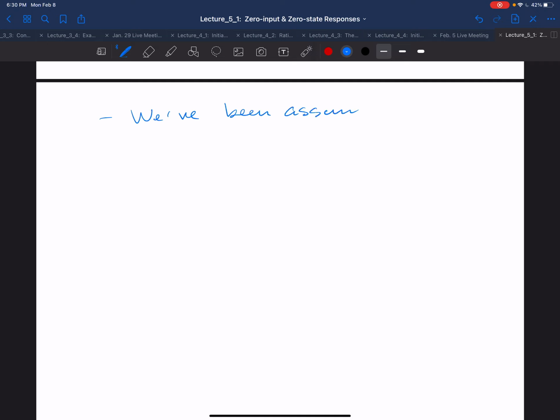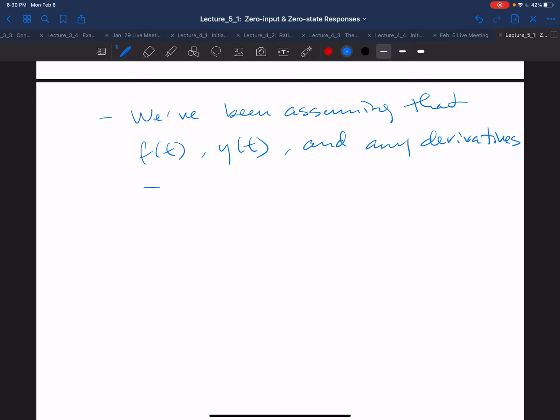So far we've been assuming that f of t, y of t, and any derivatives of those functions, with the possible exception of the highest order derivatives that show up in the equation, are continuous.